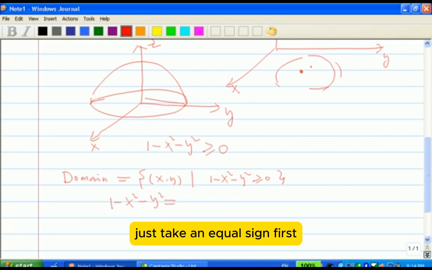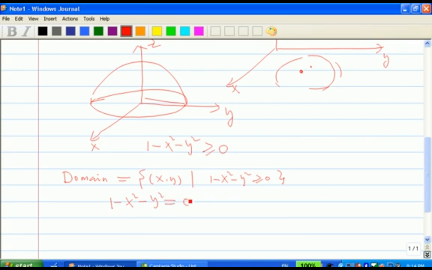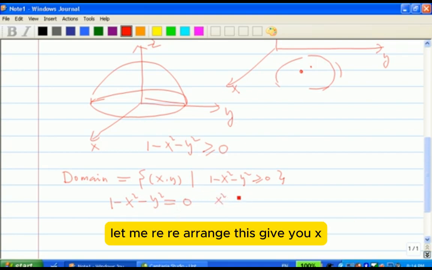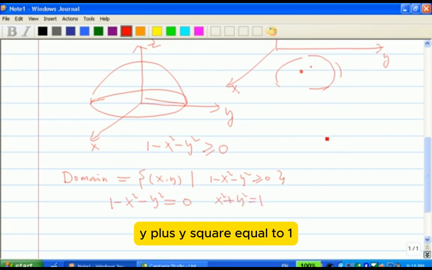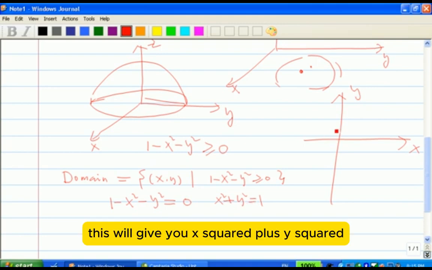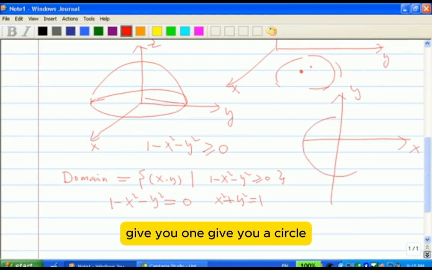Just take an equal sign first. What is this? All the (x, y) that satisfy this equation. Let me rearrange this. It gives you x squared plus y squared equal to 1. Therefore this gives you a circle.